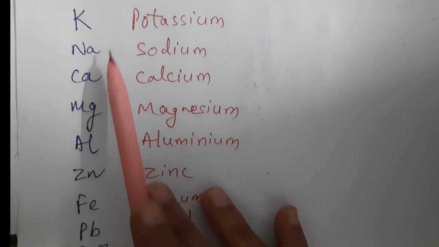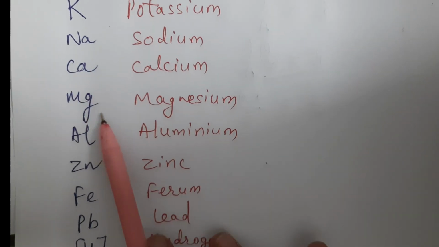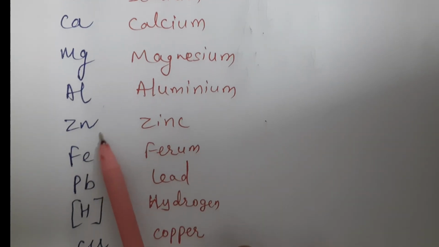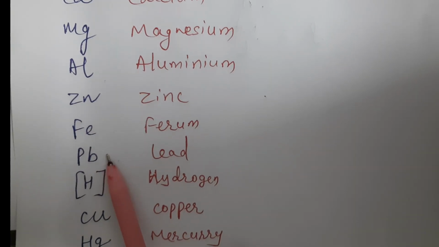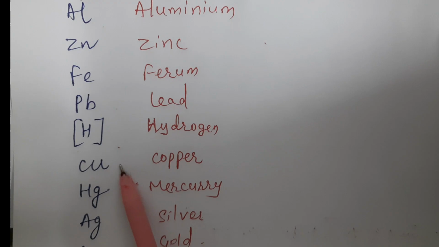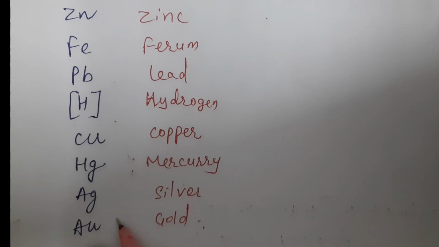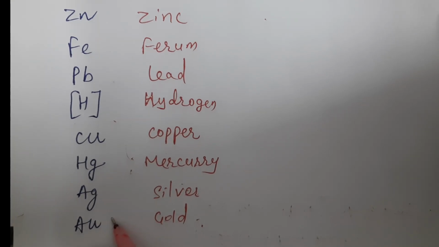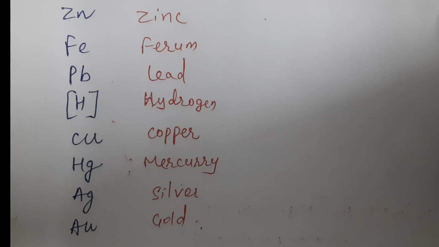Potassium comes first, then sodium, calcium, magnesium, aluminium, zinc, iron, lead, hydrogen, copper, mercury, silver, gold. So this is how we got the activity series. And I already told you to remember the sentence, popular scientist can make a zoo in less humid country more satisfactorily. With this sentence, you can easily memorize the activity series.